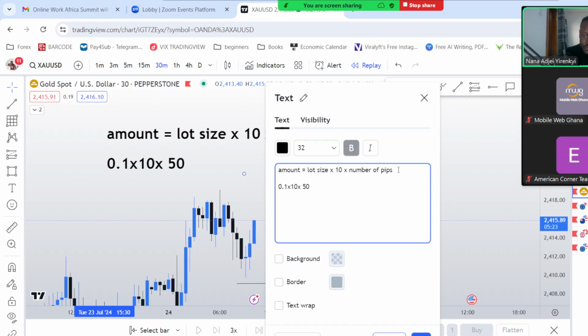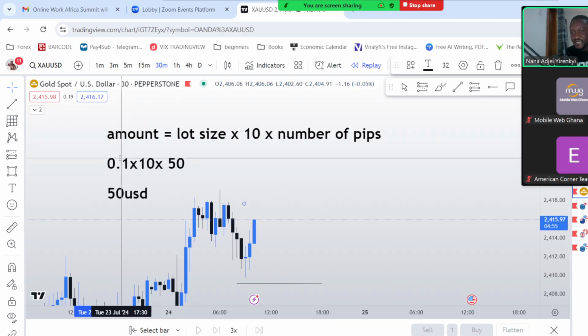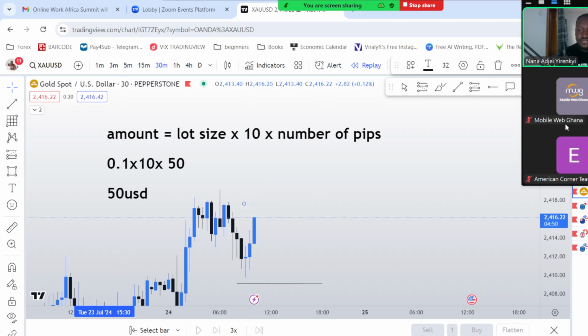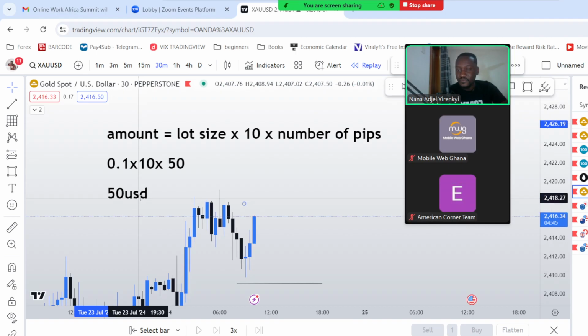And that is going to give you $50. Sorry, $50. So if you use a lot size of 0.1 on that trade, you would know that you are going to have a profit of 50 US dollars.